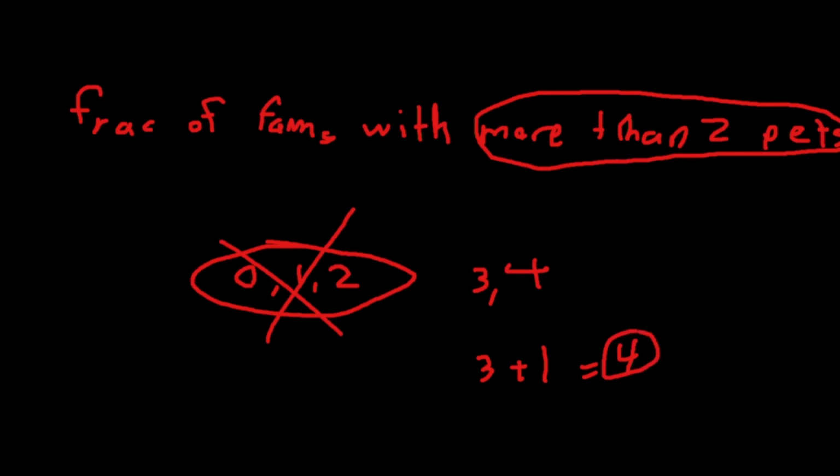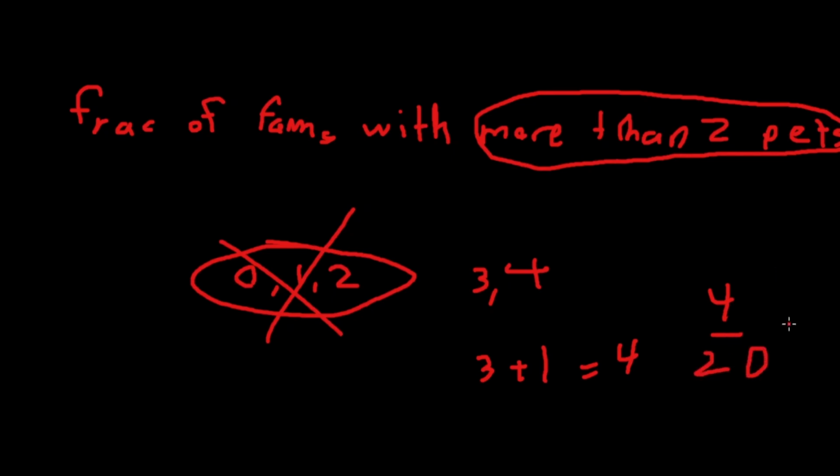But remember, we have to find it as a fraction. So to do that, we write what the question's asking for on the top of the fraction, the families with more than 2 pets, over the total sample size, which is the 20 families in this case, so 4 over 20.